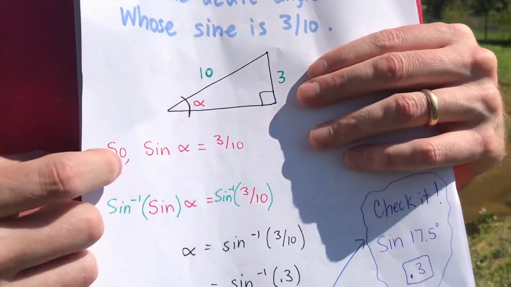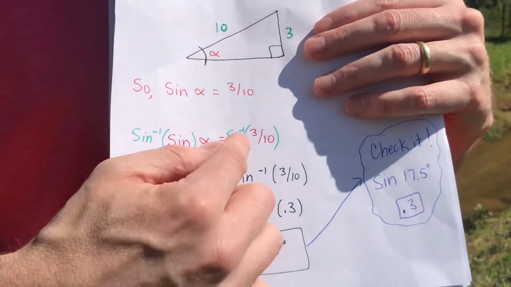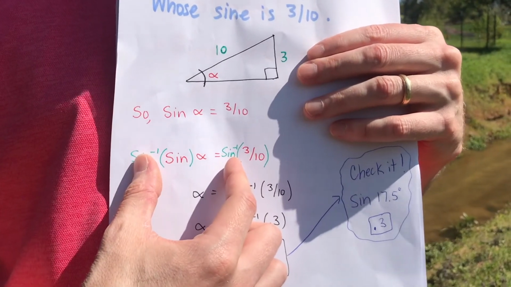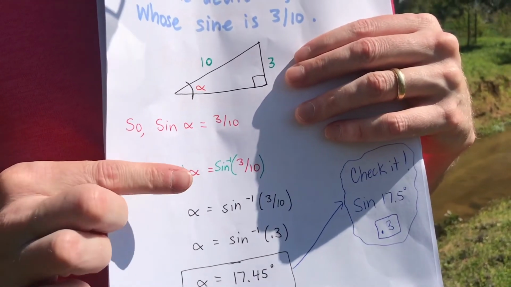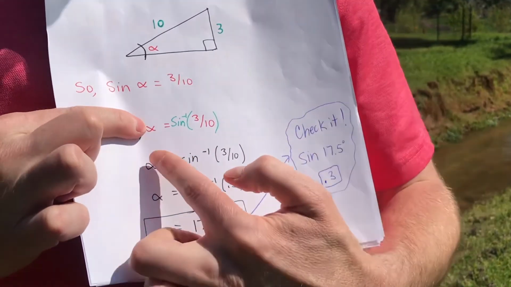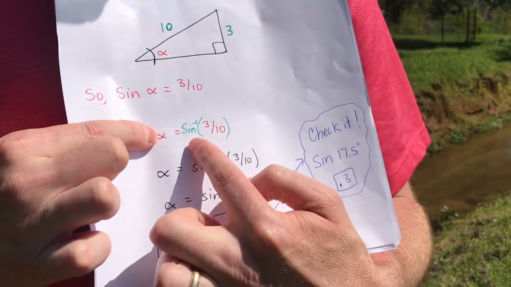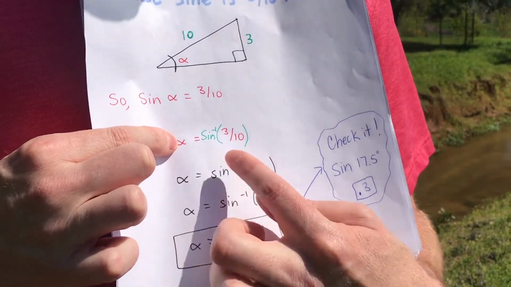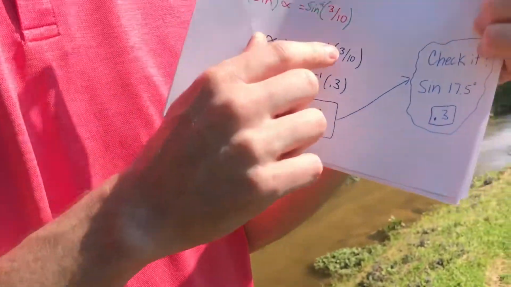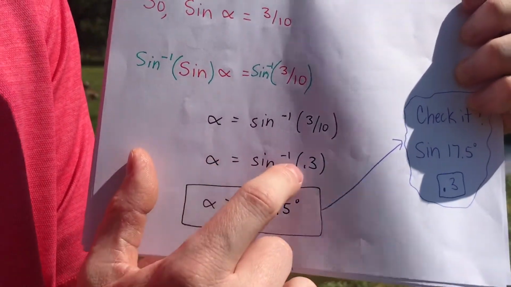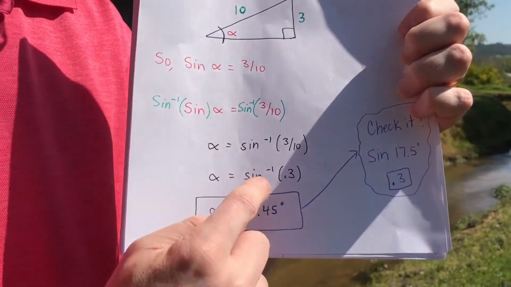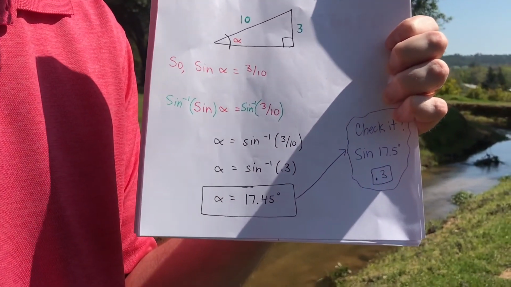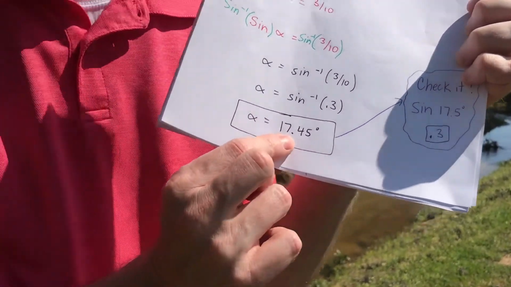So if I were to inverse sine both sides, undo the sine, those would cancel out. I'd find out my alpha is just the sine inverse of 3/10, right? So 3/10 is just 0.3. If I take the inverse, that's the second sine of 0.3, you're going to get 17.45 as your angle. That's the degrees of your angle.